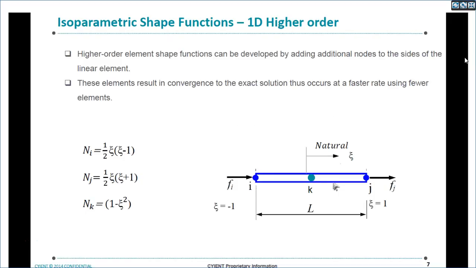By adding one node inside, the convergence of the element results will improve. When you apply loads to the model and solve it, it will give one value. So what is the accuracy of that model?